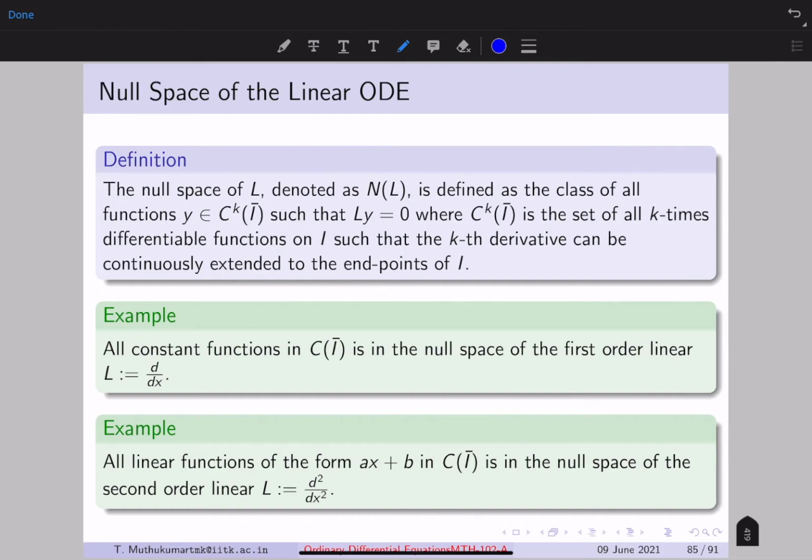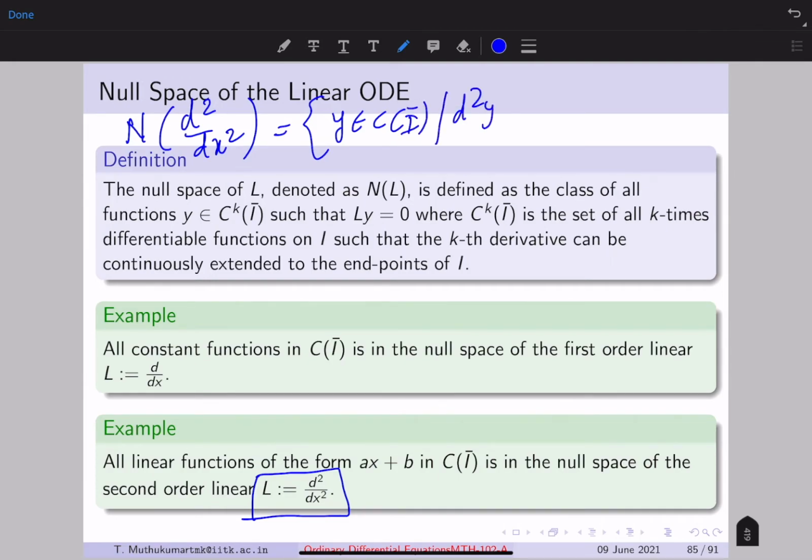As another example, look at the second order linear ODE. What is the null space of the second order linear ODE? By definition, all continuous functions such that d square y by dx square is 0.